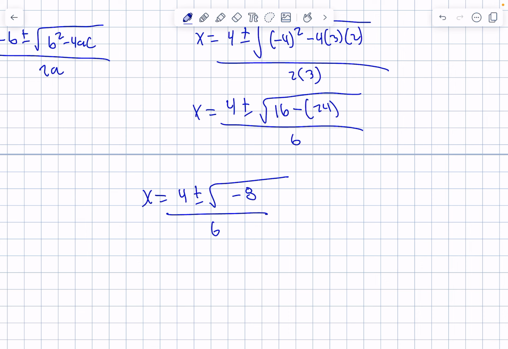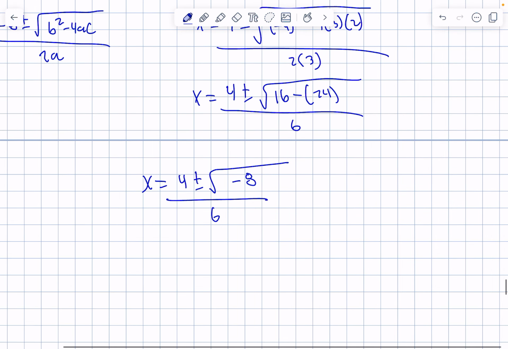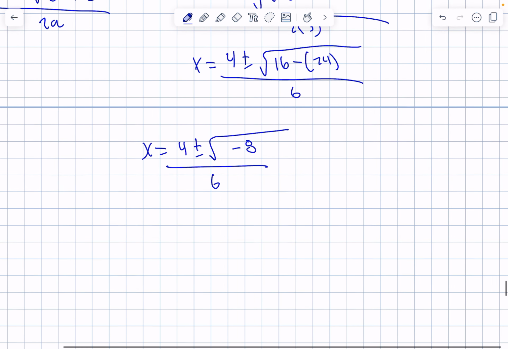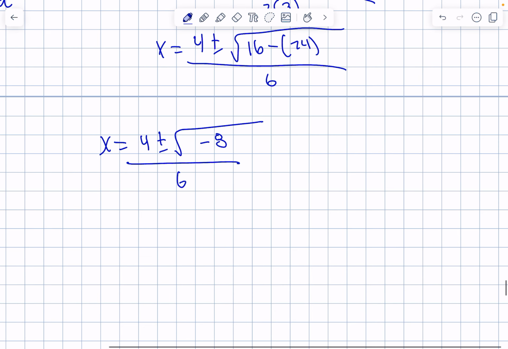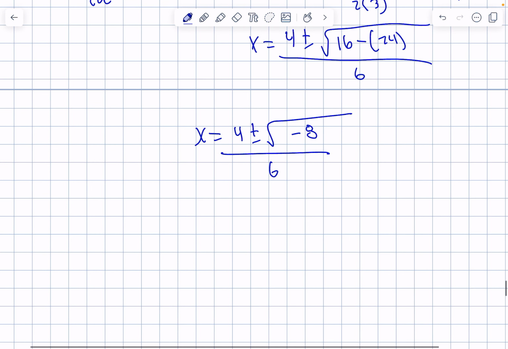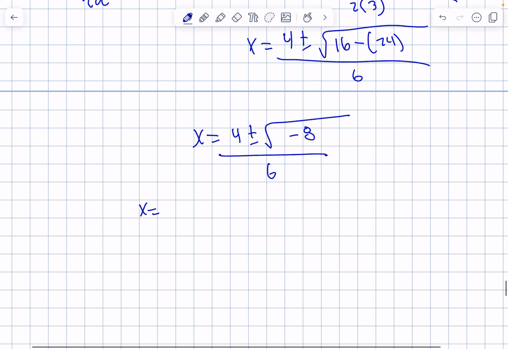So that's the concept that we're talking about now. We are running into imaginary number territory, right? So let's simplify this. This would become 2 plus and minus the square root of negative 8 over 6.